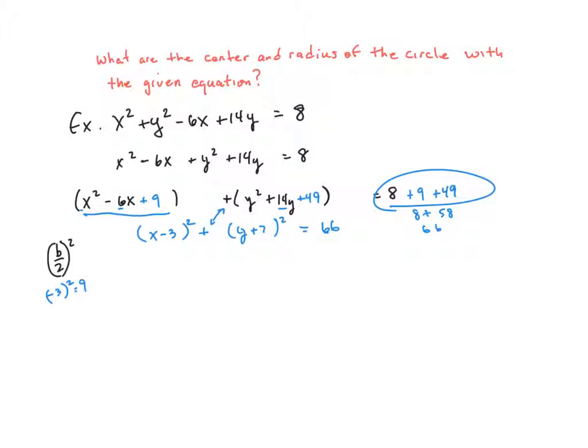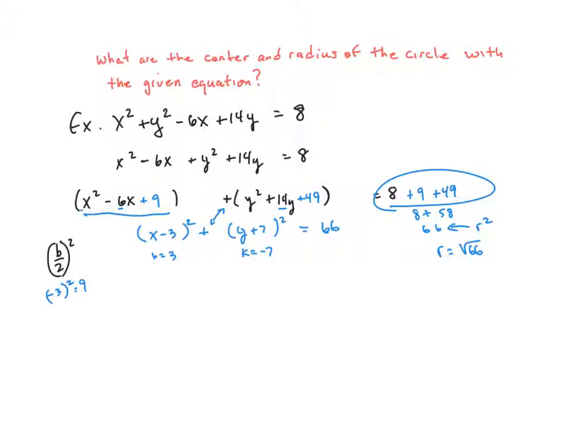All right, so my r, remember, 66 right here is r squared. So my radius is actually going to be the square root of 66. And h is going to equal 3, and k is going to equal -7.